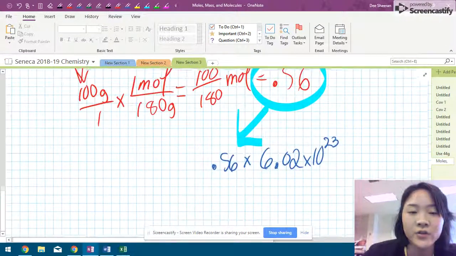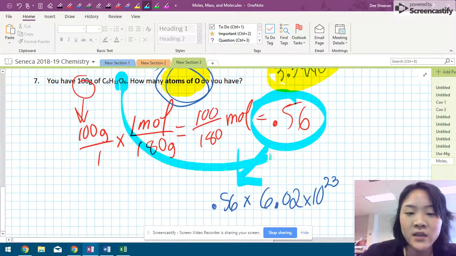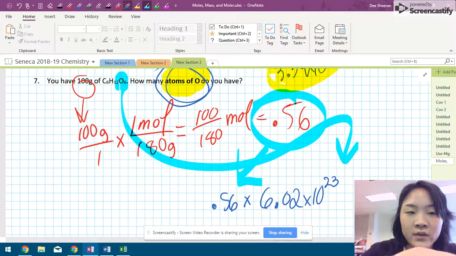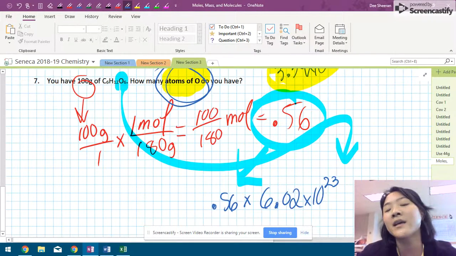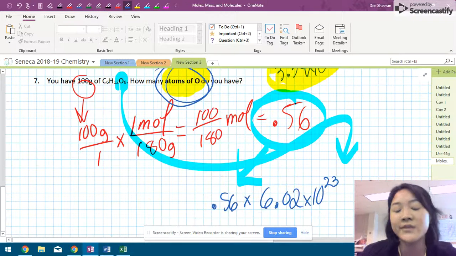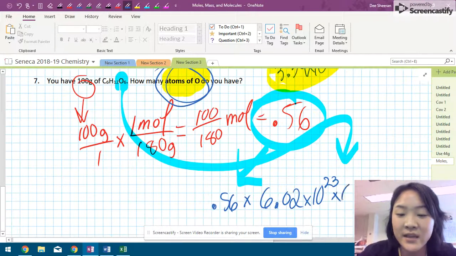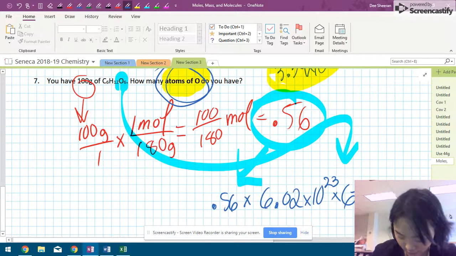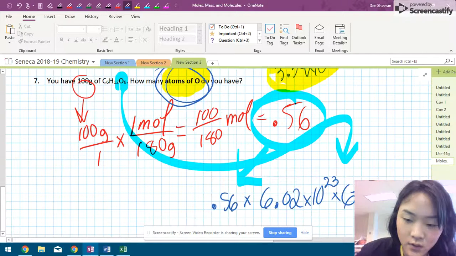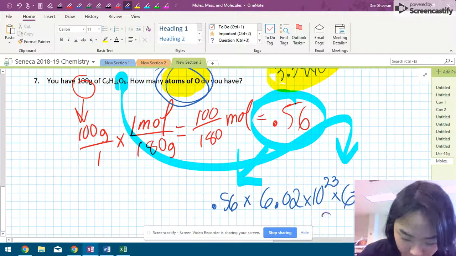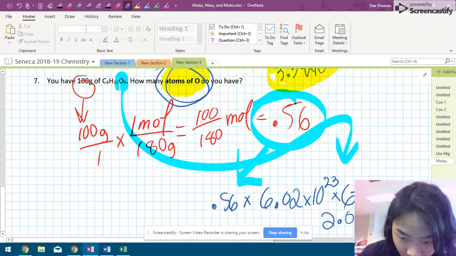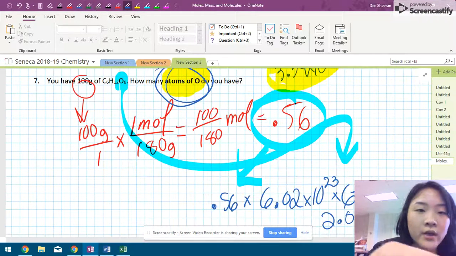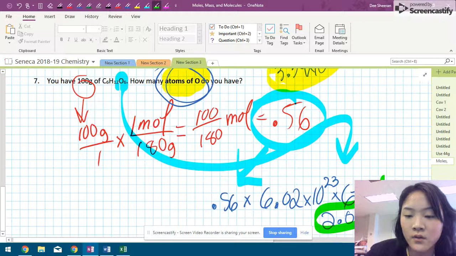So we're going to take this 6, and that's what we multiply this all by. So it's going to be 0.56 times 6.02 times 10 to the 23rd times 6. And that's going to give us the value of 2.01 times 10 to the 24th. And I got that from my calculator. So this is our answer for number 7.